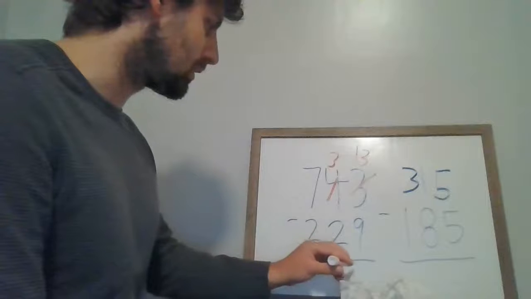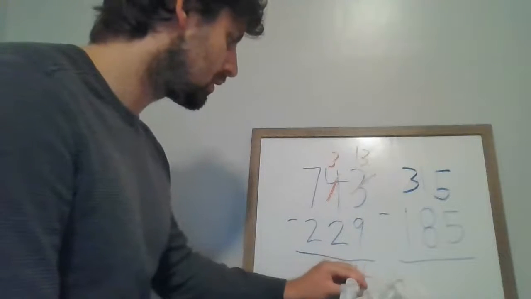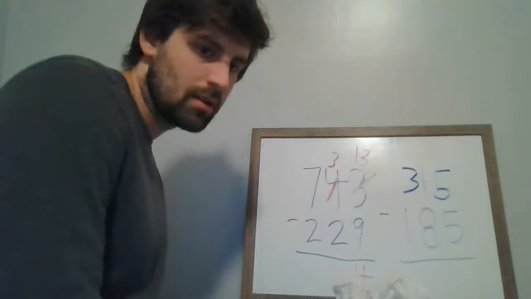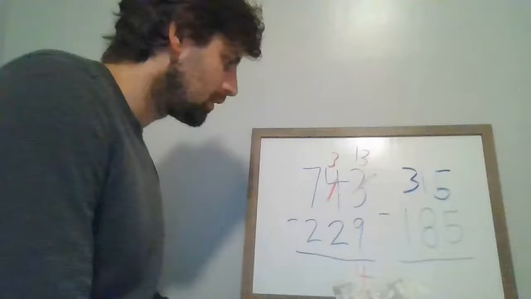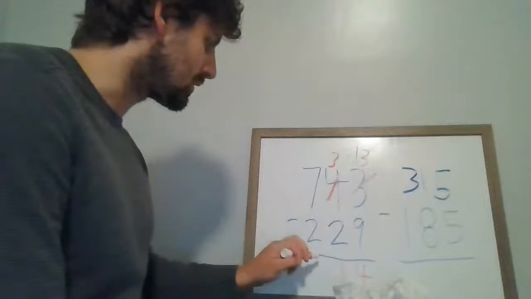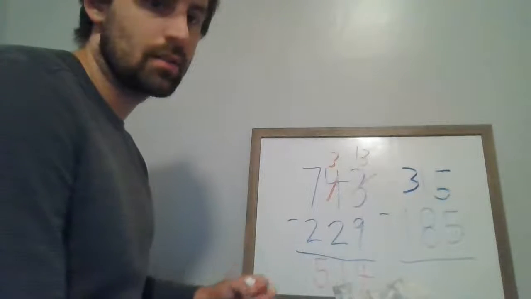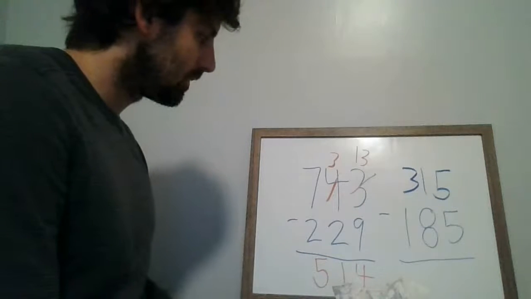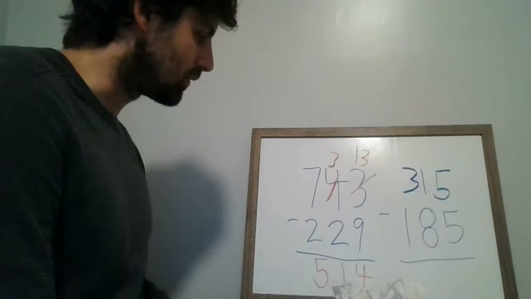Now we can subtract. 13 minus 9 equals 4. 3 minus 2 equals 1. 7 minus 2 equals 5. Our answer is 514.